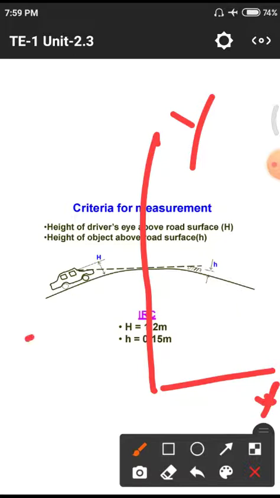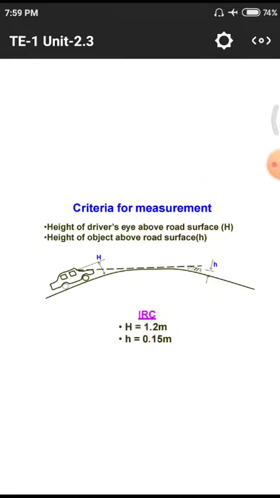The road is raised with respect to the y direction, and that is what we call a vertical curve. This is the major criteria for the measurement on a vertical road, because the car is moving on a particular vertical alignment.